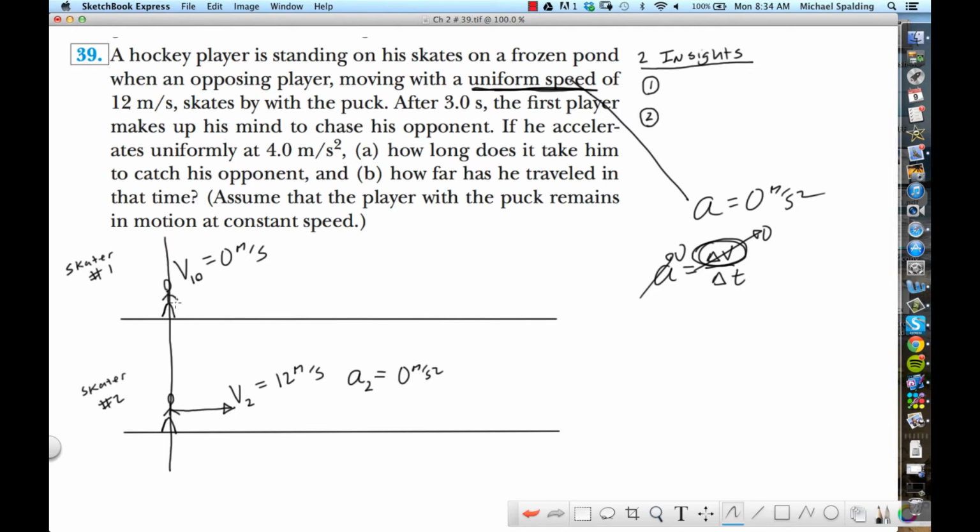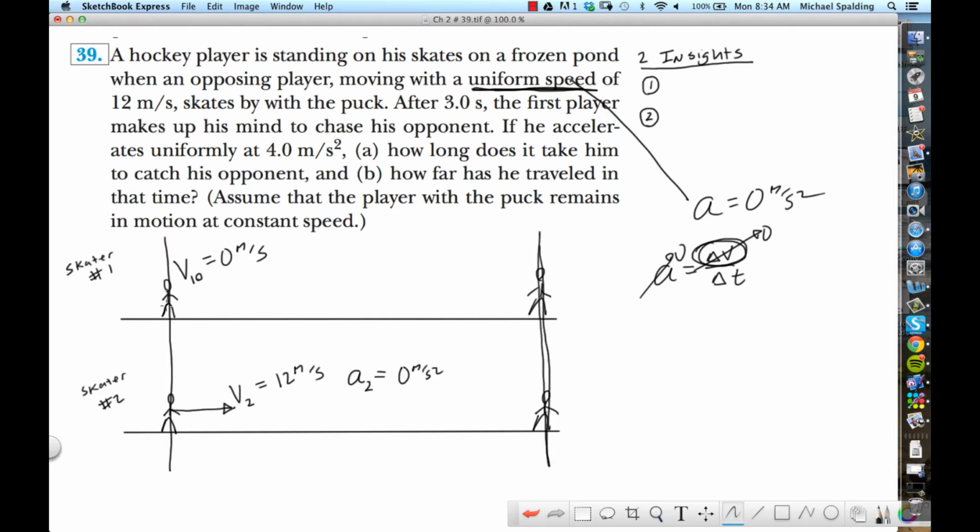If you've ever ice skated, can you just start to accelerate and keep going faster, faster, faster? Is that pretty realistic on ice skates? No, but it's a physics problem. So skater number 1 is going to accelerate until when? He catches skater 2. So the problem ends over here. So here's skater number 2. The moment that skater 1 catches skater 2, that's when the problem ends.